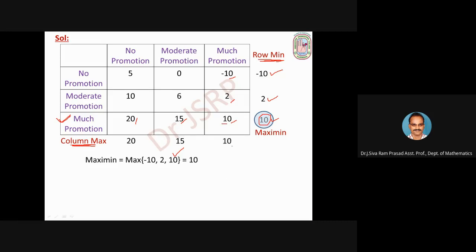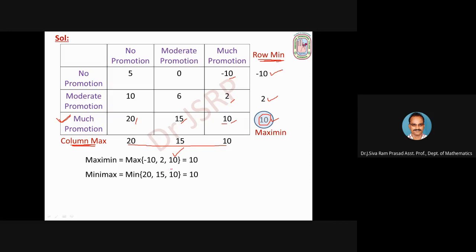So these are the column maximas. That means the maximum losses corresponding to each strategy of B. Now minimax is the minimum of these maximum losses.